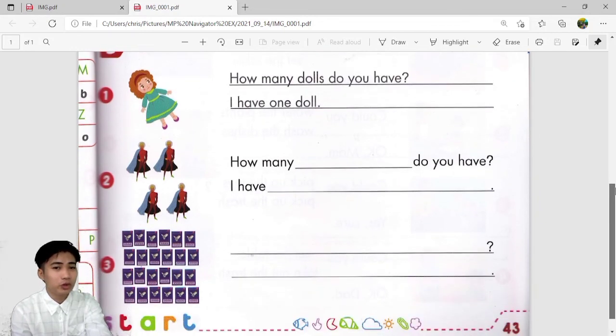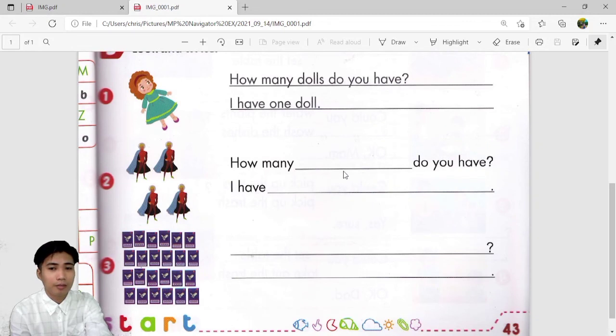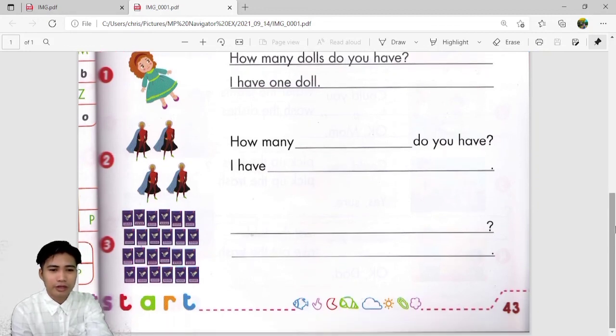For number two, you do the same. How many blank do you have? What is this? It's a... So I have... you count how many, then you answer below. For number three, you do the same. Then you count how many objects.